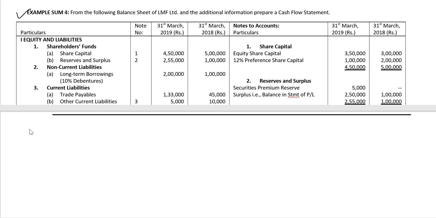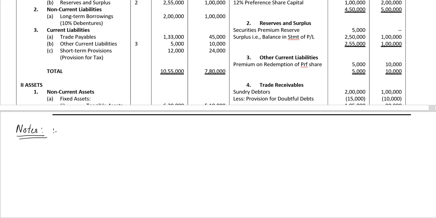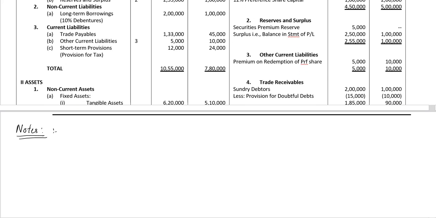Let's begin by making a few notes. Now, under current liabilities, we have under C, short-term provisions, provision for tax.